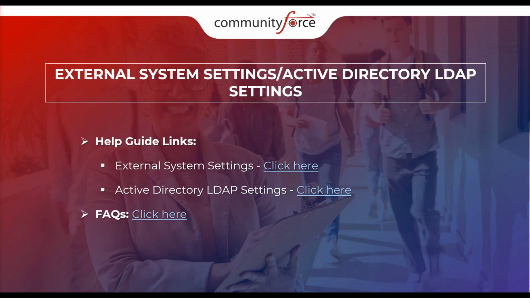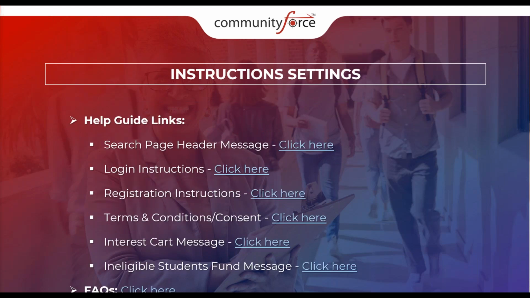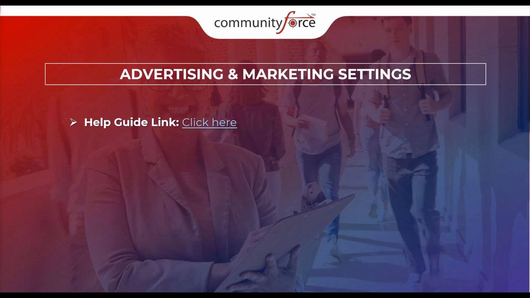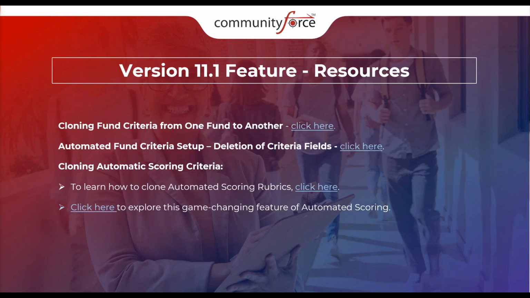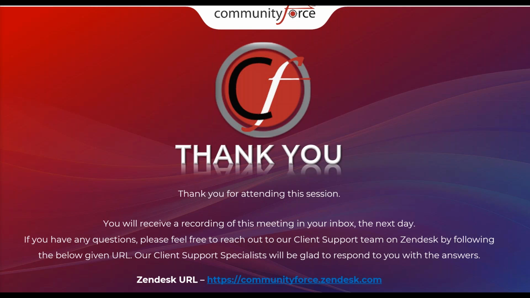Through that ticket, you can request a meeting with our process review specialists, who can contact you, go over your processes and functionality, determine if it would benefit you to have it activated, and then show you how to turn it on.